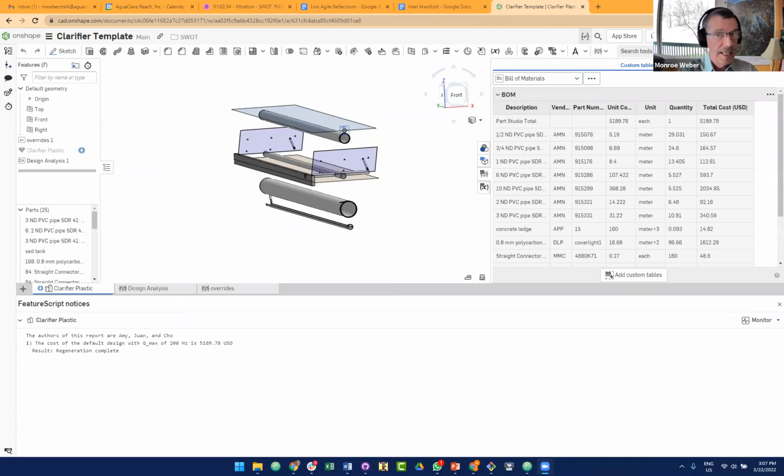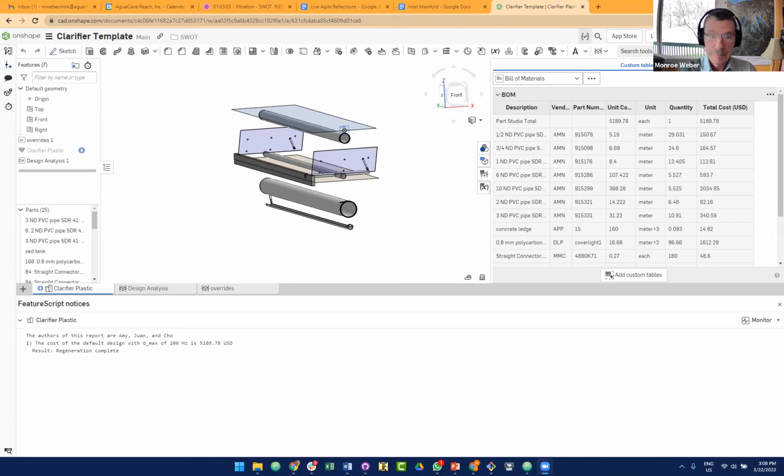Instead of creating lots of things in a part studio, creating that flocculator, this time you're going to work with pieces that we've already built and designed. You're going to play with those designs, vary some parameters, vary some of the inputs, and see if you can understand how it's worked and actually change the design to make it cheaper.